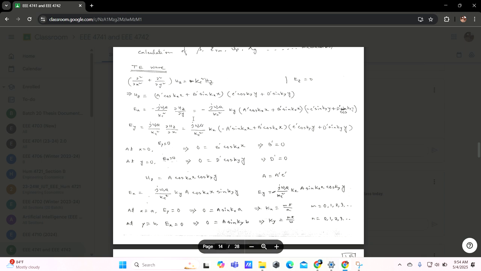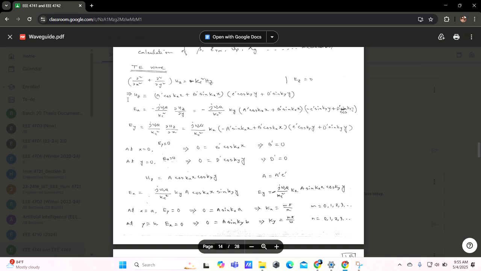In the case of transverse electric, it will be kind of the same, but we cannot apply the second order derivative equation, because here Ez will be 0, since it is transverse electric.